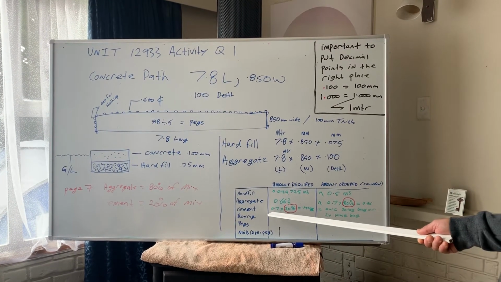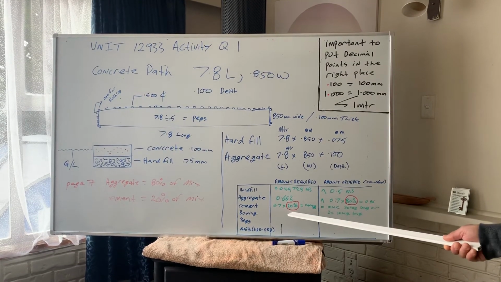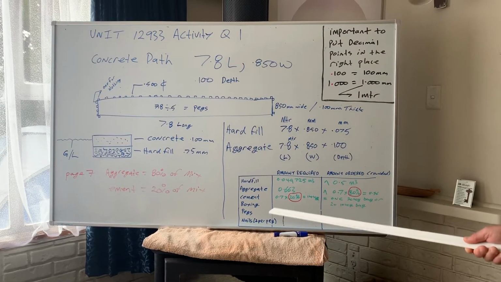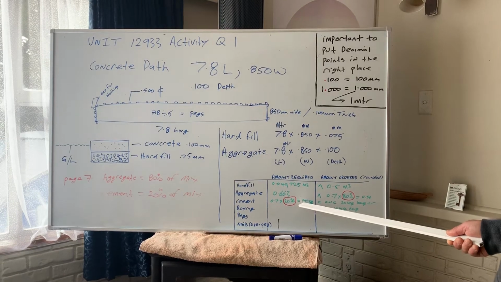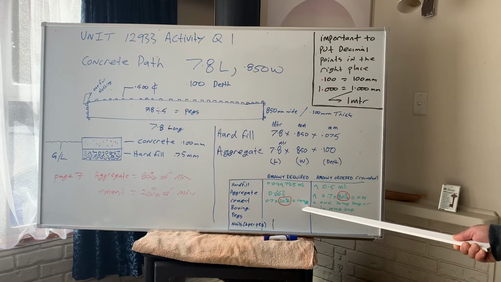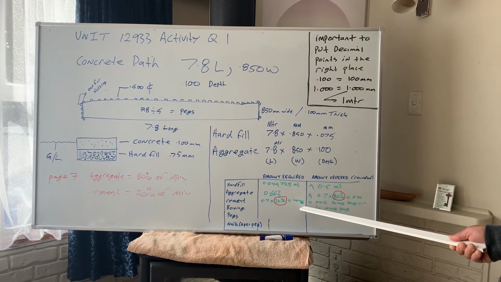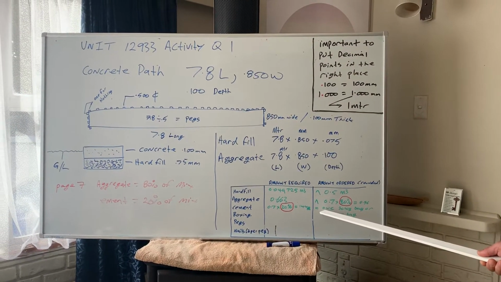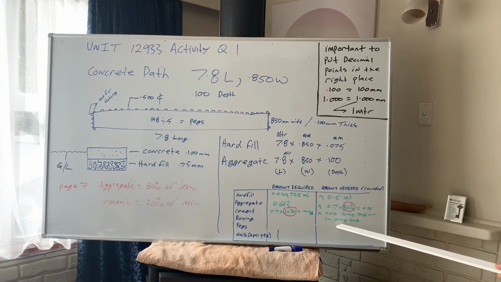So what I did was 0.7, which is that total amount of concrete, times 20%, which came out at 0.14, sorry. So 14 kilograms, that equates to 14 kilograms of cement, which is the dust that you use to make concrete.